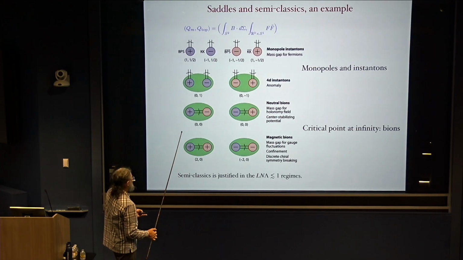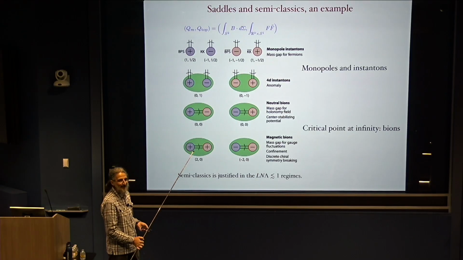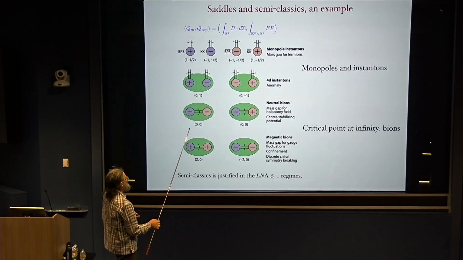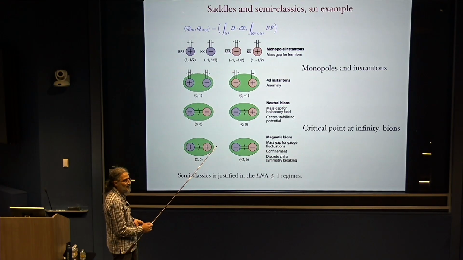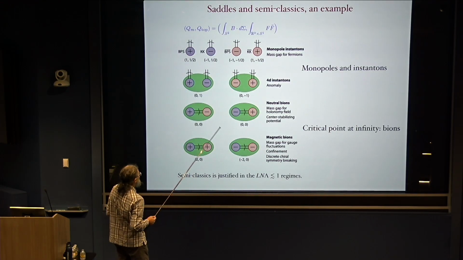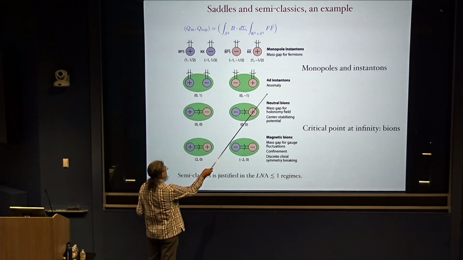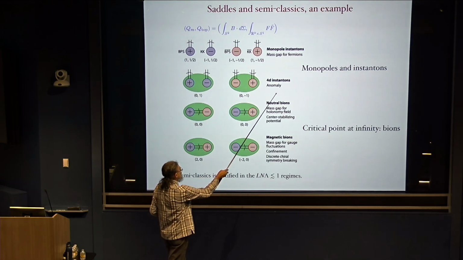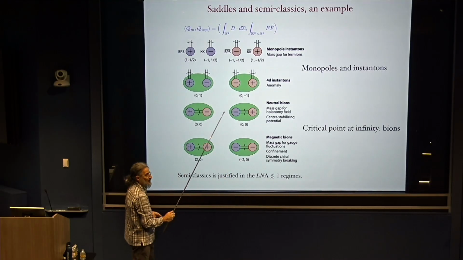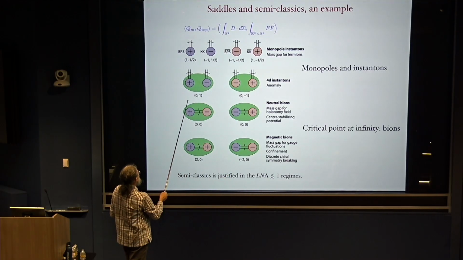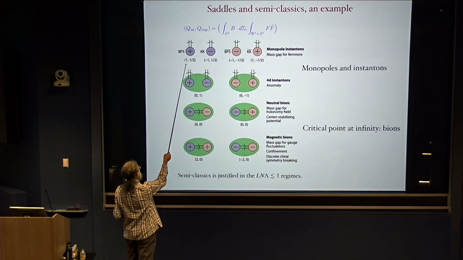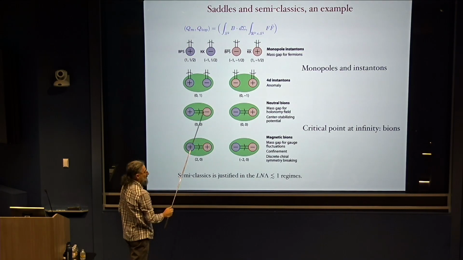This is just for old times' memory, just an example of what happens. For example, if you take SU(2) gauge theory with adjoint matter, you have instantons, which are self-dual, as well as monopole instantons and KK instantons, which are self-dual. And you have these objects with magnetic charge and half a topological charge.